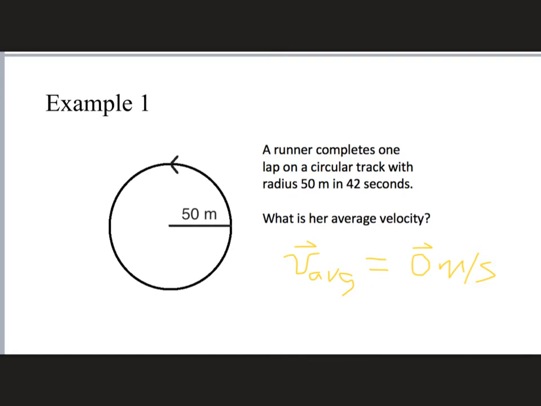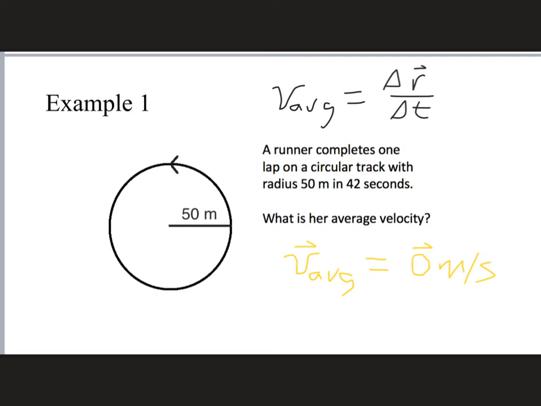Well, think about what the definition of average velocity is. The definition of average velocity is displacement over time. We can say that the definition of average velocity gives us that the average velocity is equal to the change in position over the change in time. So far, so good, but now let's think about it.